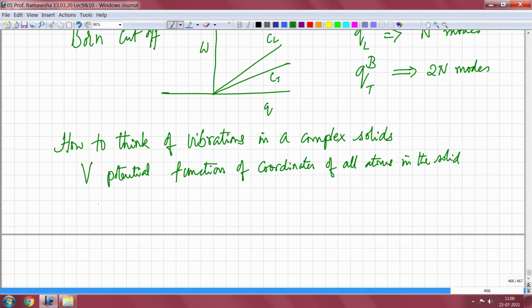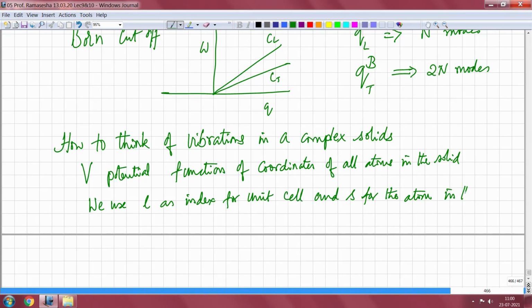Now supposing we use L as the index for the unit cell, S for the atom in the unit cell, and alpha, beta, gamma for the Cartesian coordinates x, y, z.